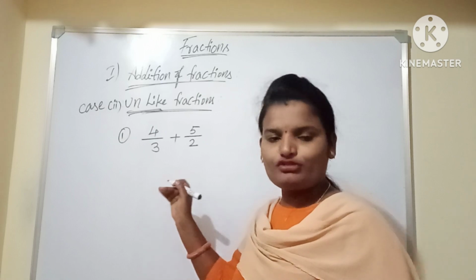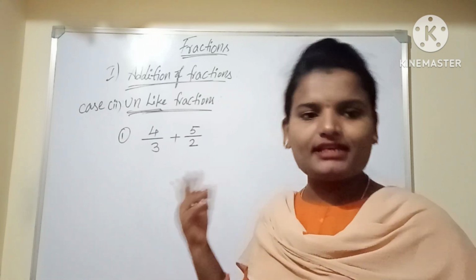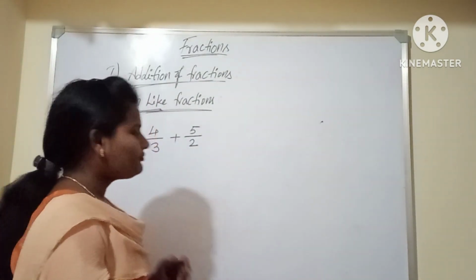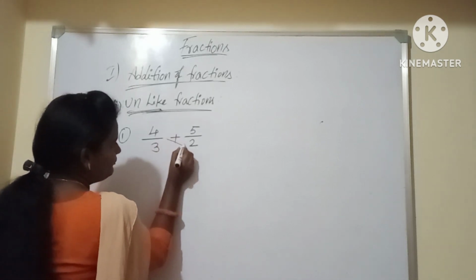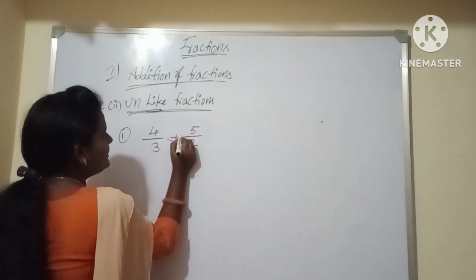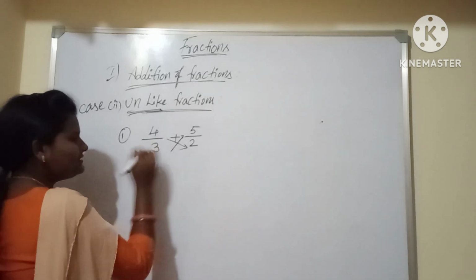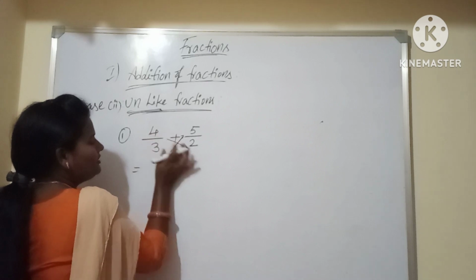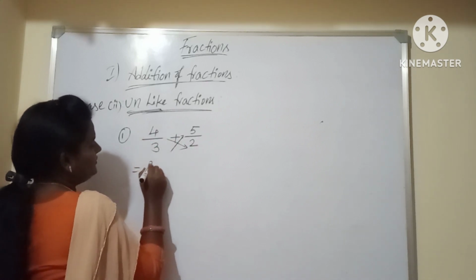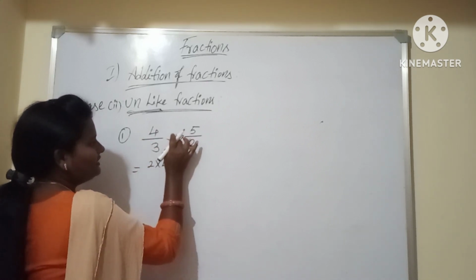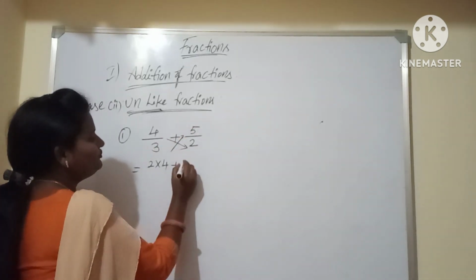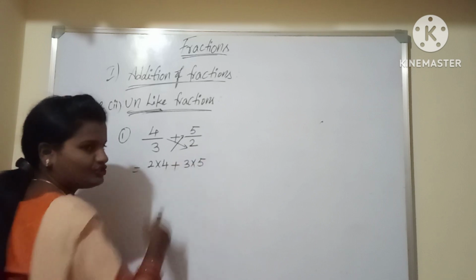In this case, what should we do? If those are like, we can directly add them. Here, whatever the given fractions, you have to do cross multiplication. Whatever the numbers are, we have to multiply crosswise. The symbol here is addition, so we do addition. 3 into 5 we do cross multiplication first.